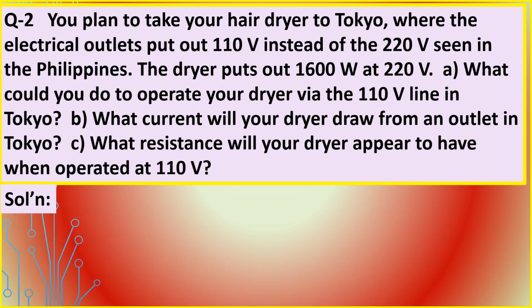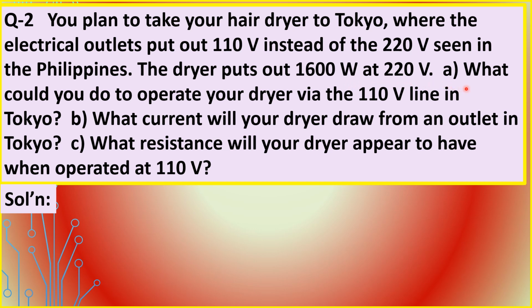Moving on to question number 2. You plan to take your hair dryer to Tokyo, where the electrical outlets put out 110 volts instead of the 220 volts seen in the Philippines. The dryer puts out 1,600 watts at 220 volts.